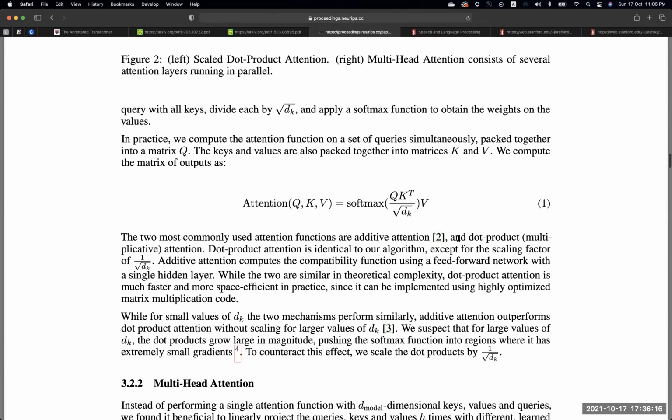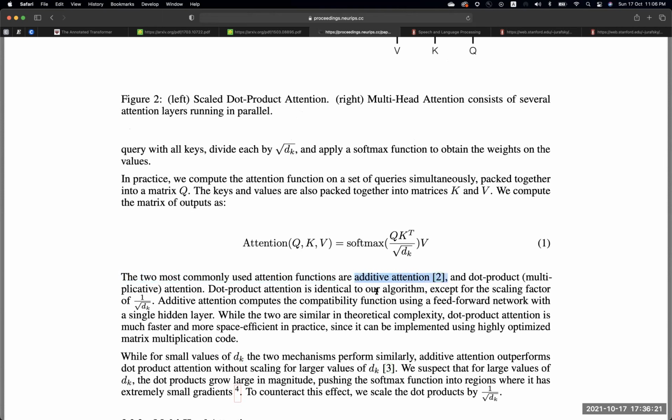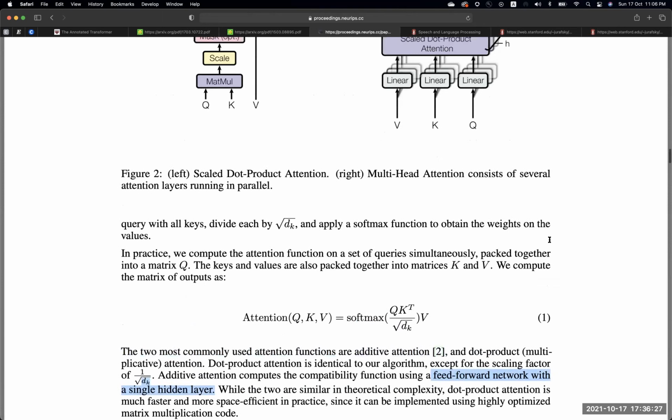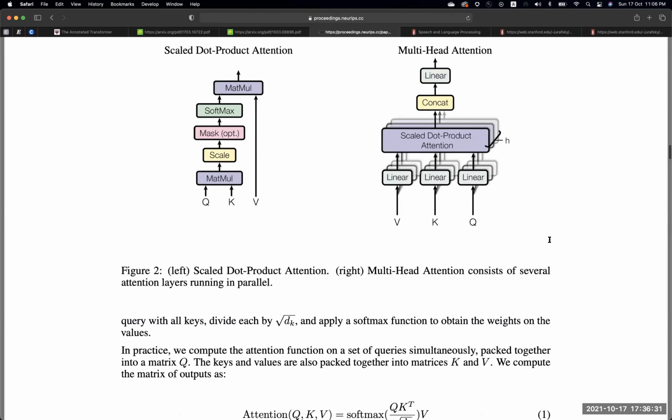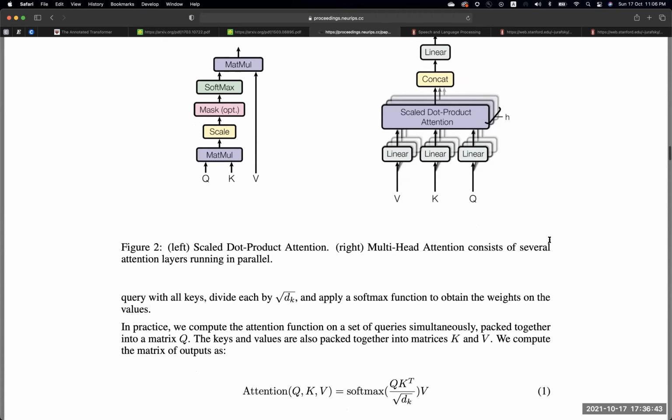Additive attention is nothing but somewhat a feed-forward neural network with one single hidden layer, they have mentioned. It is almost similar in performance in every aspect, but just that there are optimizations around matrix multiplication nowadays. So that's why they have chosen dot product.